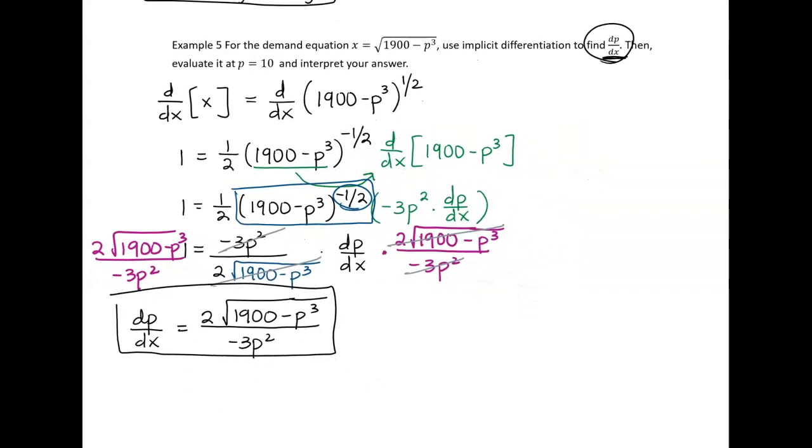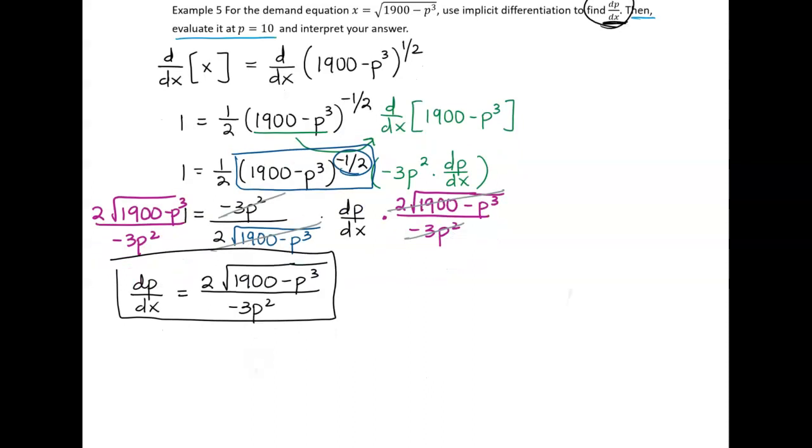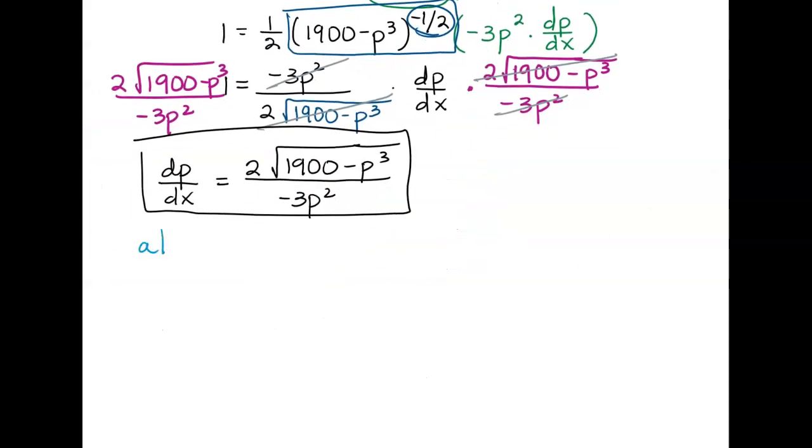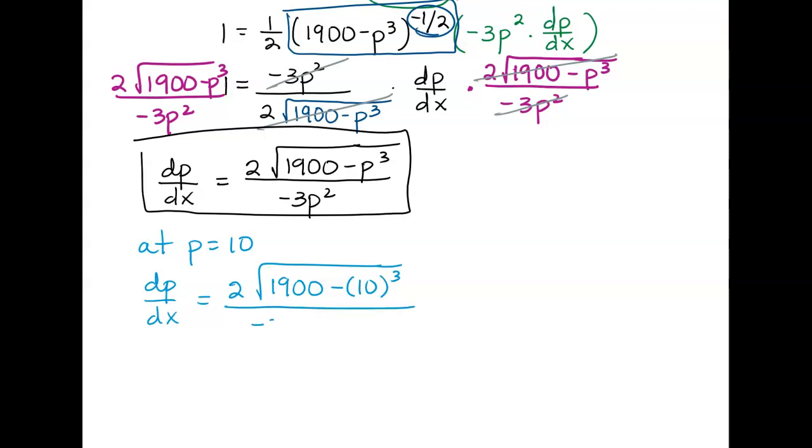We are then asked to evaluate it at p is equal to 10. So now I'm just going to be plugging in 10. So at p is equal to 10, dp dx equals 2 times the square root of 1900 minus 10 cubed over negative 3 times 10 squared.